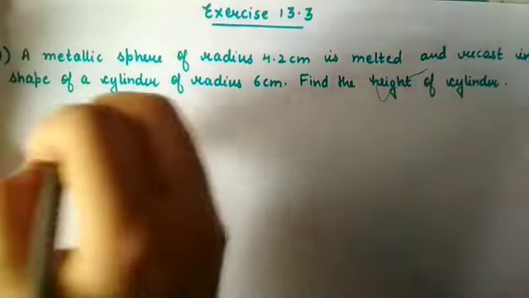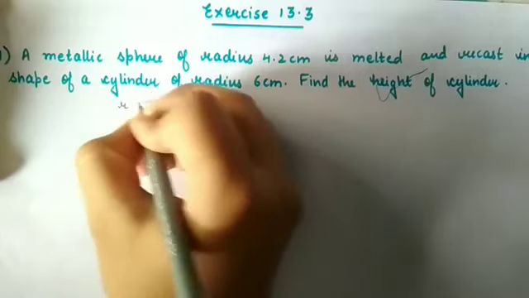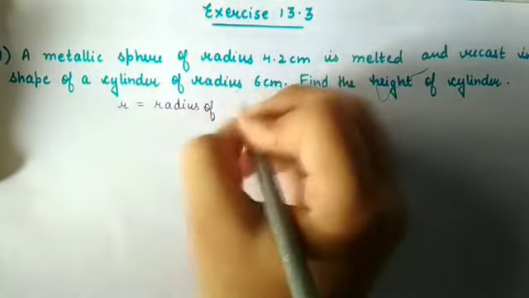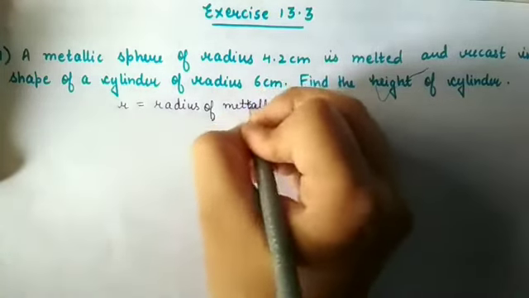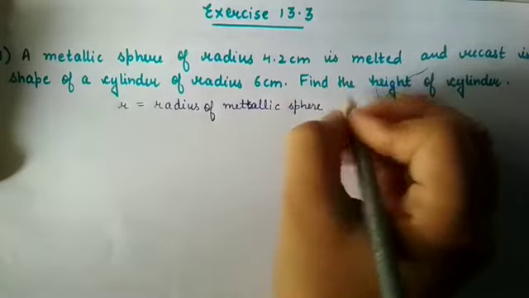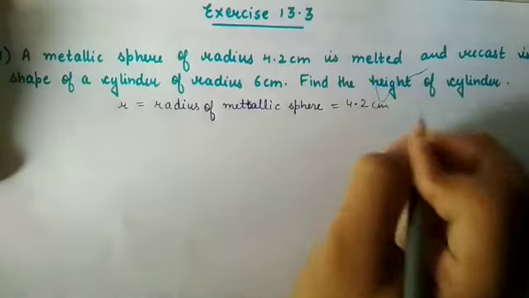So first of all, let the radius of the metallic sphere be r. So this is the radius of the metallic sphere, this be r, and this is given to be equal to 4.2 centimeters.